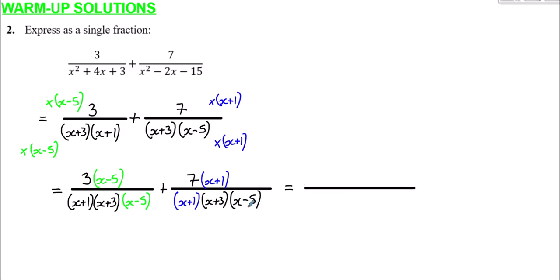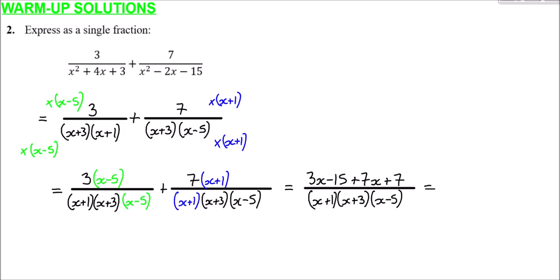So I've got x plus 1, x plus 3, x minus 5, and the numerators, this one, 3 times x minus 5 becomes 3x minus 15. Over here, 7 times x gives me 7x, and 7 multiplied by 1, of course, just gives 7.